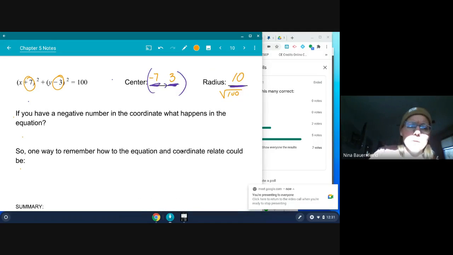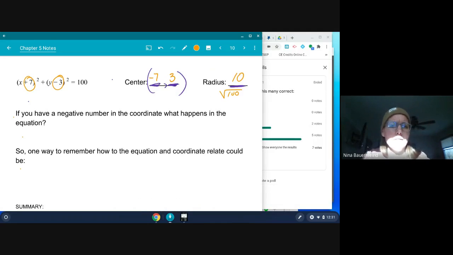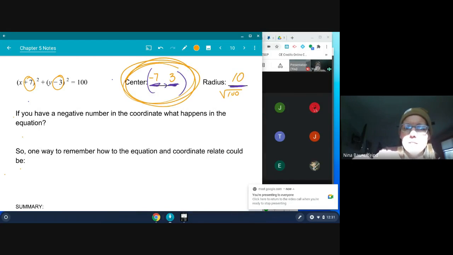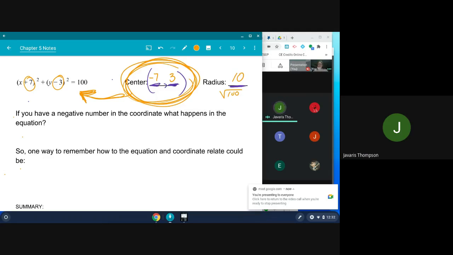So we already talked about this last part. It says if you have a negative number in the coordinate, what happens in the equation? What happens, you guys? If the number is negative in the coordinate, so if it's negative here, what happens there? It's flipped in the equation.